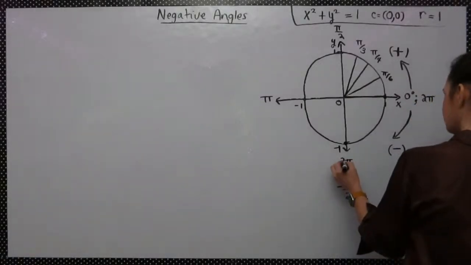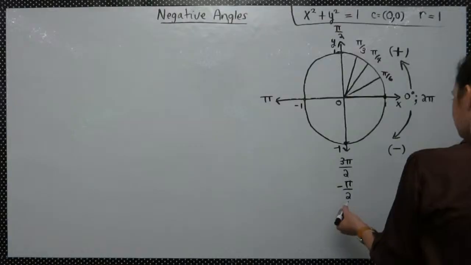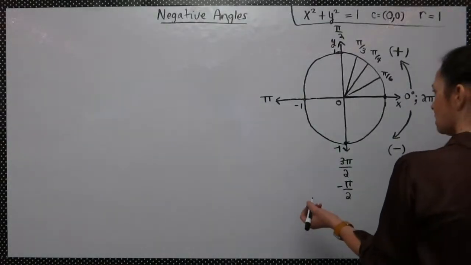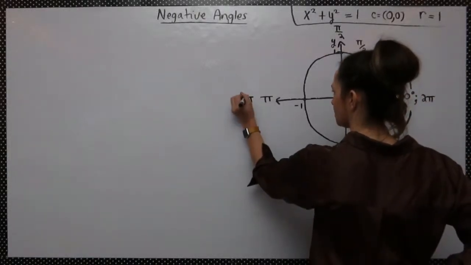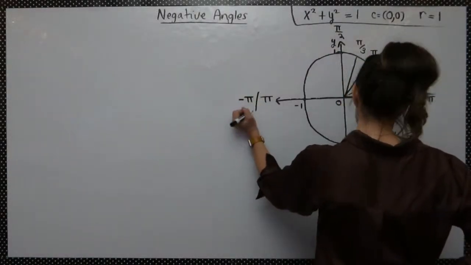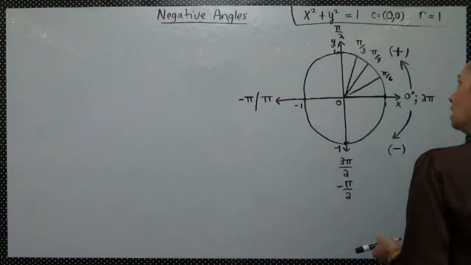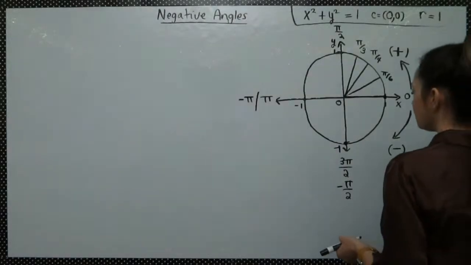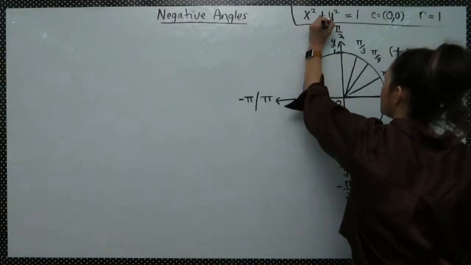In the positive direction, it's 3 pi over 2, but in the negative direction it becomes negative pi over 2. And then pi is still pi, but it's also negative pi, so it's both of those values. And similarly, pi over 2 will become negative 3 pi over 2.